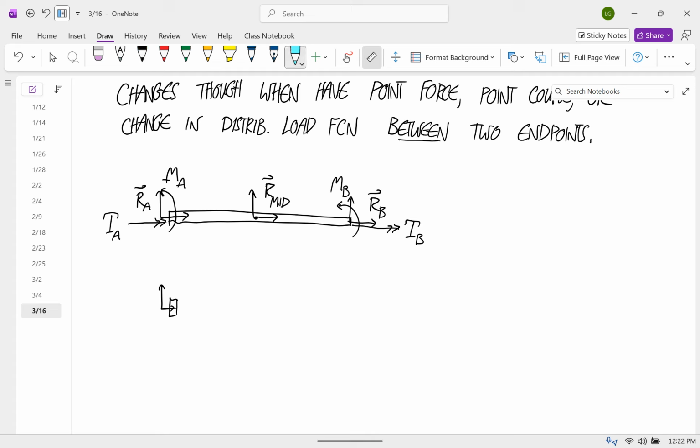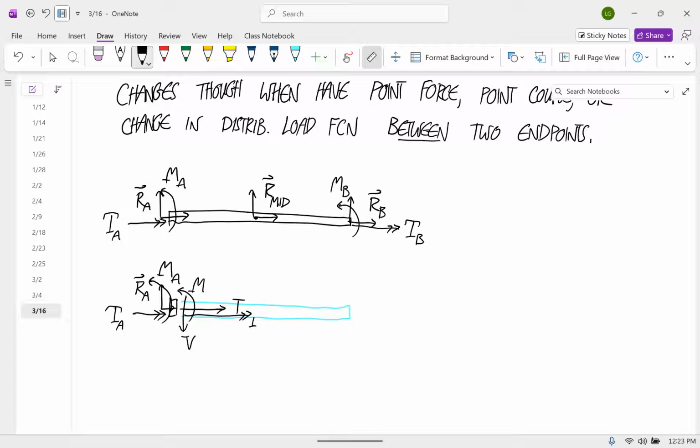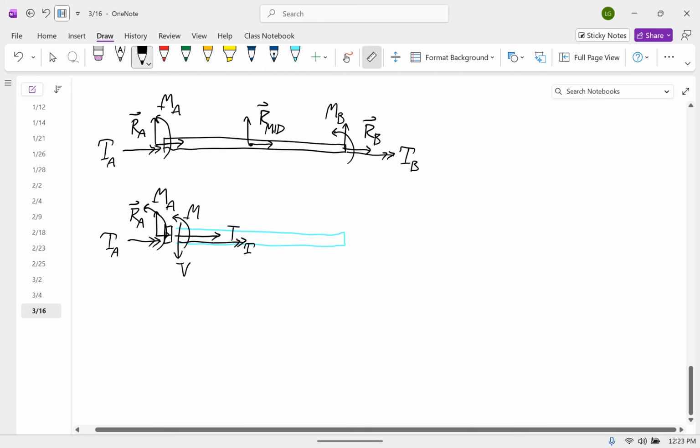So if I do this cut, here's our RA, here's our MA, here's our torque A, and then we have our internal loads, T, V, M, and fancy T. Or I could do a slightly longer cut.